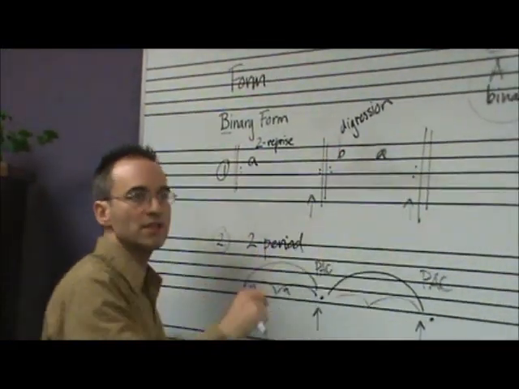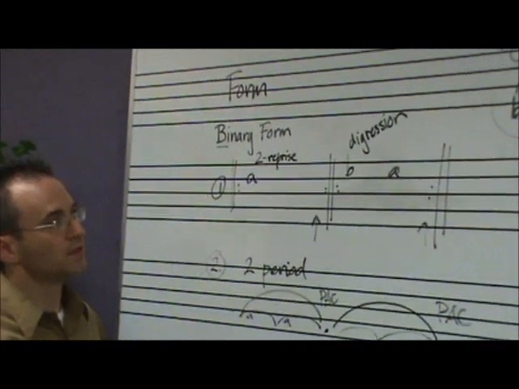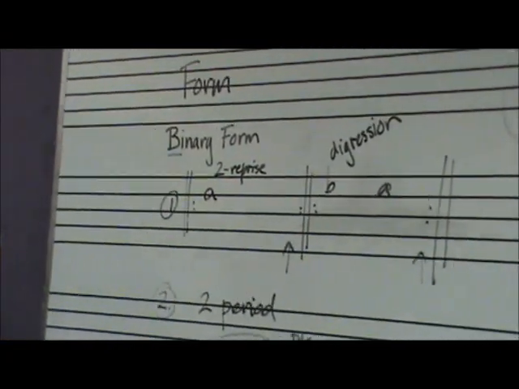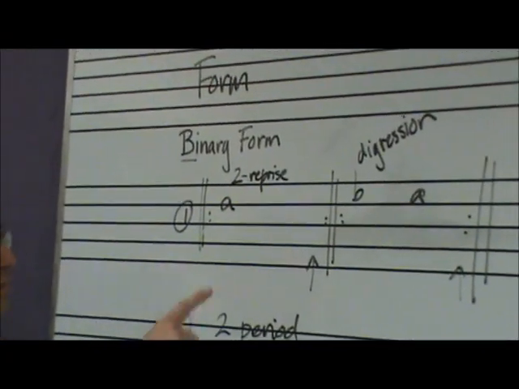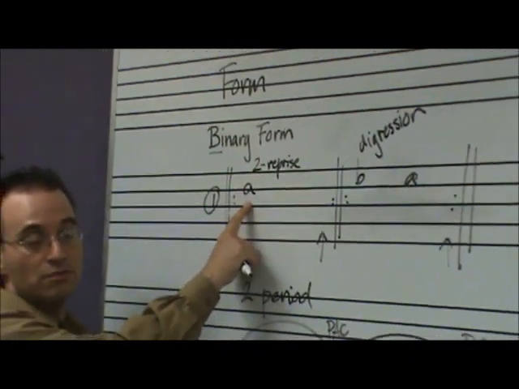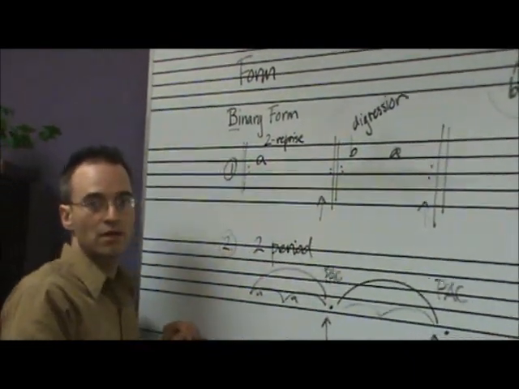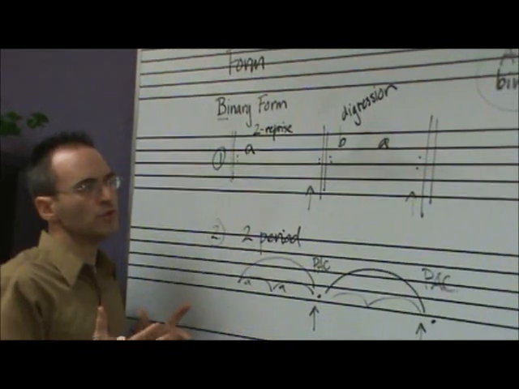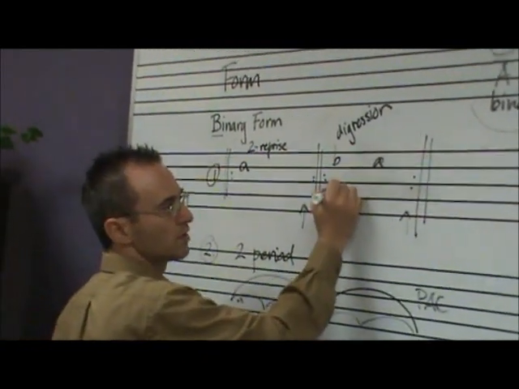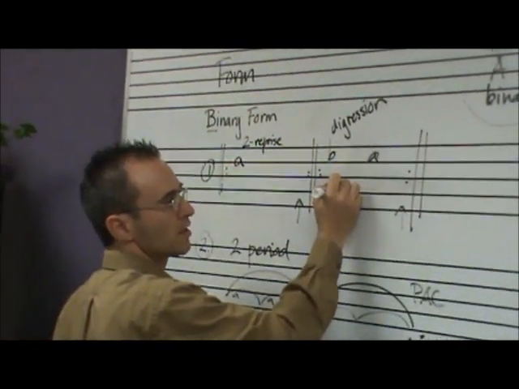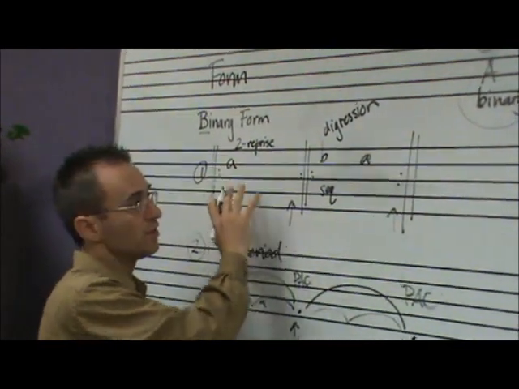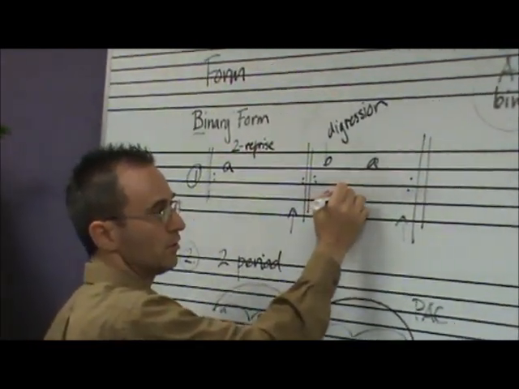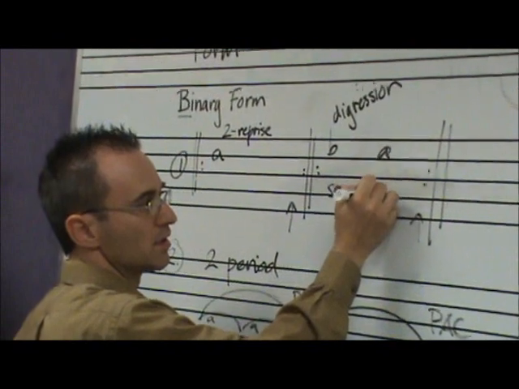This kind of contrast in the digression is not so stark. It's not like you've got a new theme. In fact, normally you've got old material, A material's motives, coming back here, but you're developing them, you're using them in new ways. Some of the ways that might happen, you could take an old motive that you've heard before, it's familiar to you now, and you sequence it.